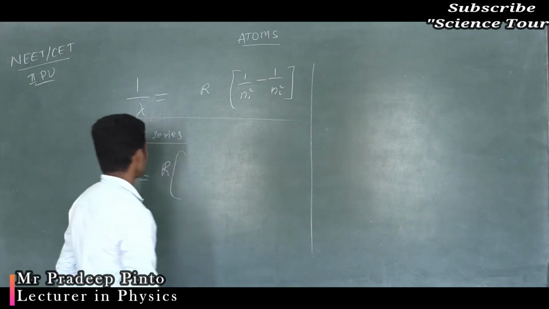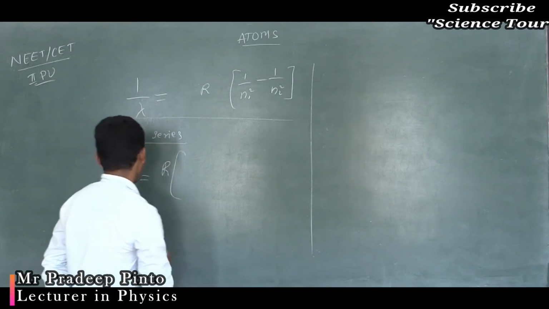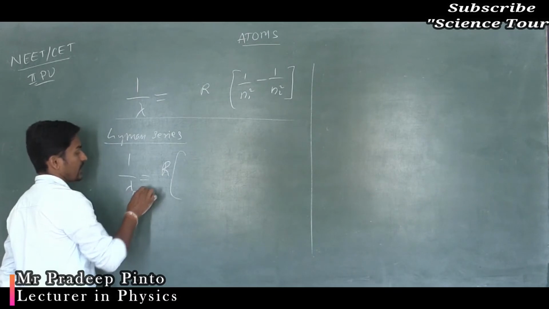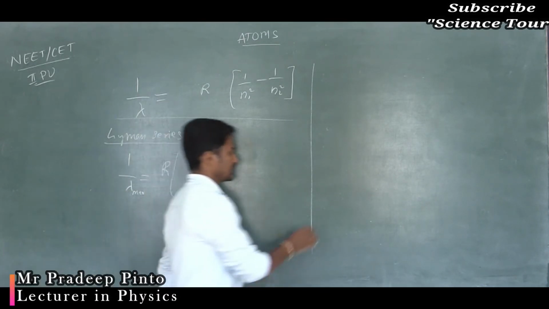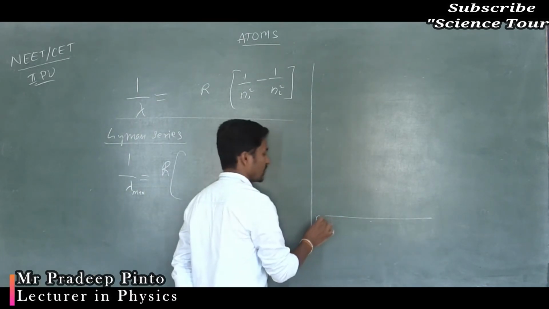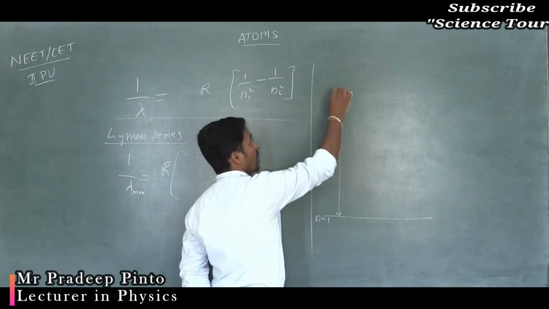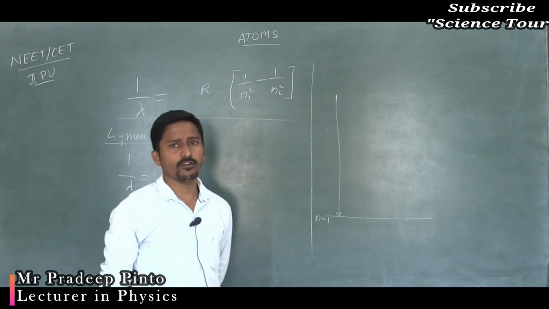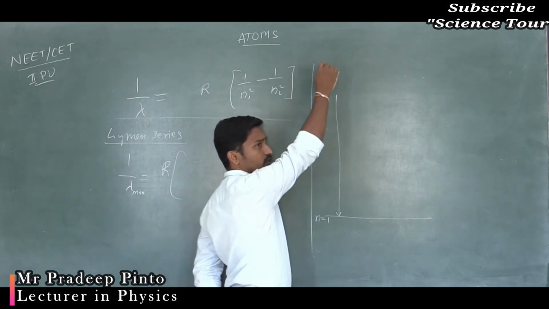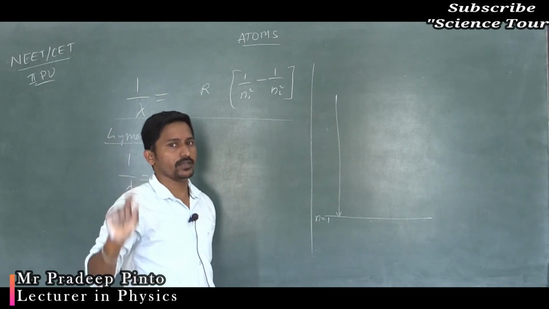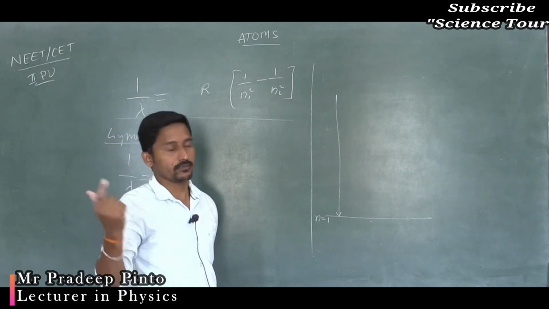For the Lyman series, I am talking about maximum wavelength and minimum wavelength. It has to jump to n1 from infinity; that is the minimum wavelength, because maximum energy is there, maximum frequency is there. Maximum frequency means minimum wavelength, minimum frequency means maximum wavelength.